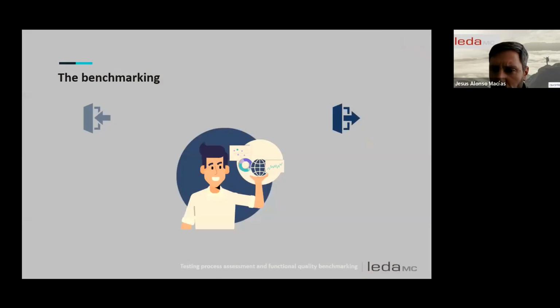Benchmarking is used, as I said at the beginning, to contextualize the values of the indicators extracted from the assessment. In other words, we put the values in reference to those of the market to see how far they deviate from the market average.